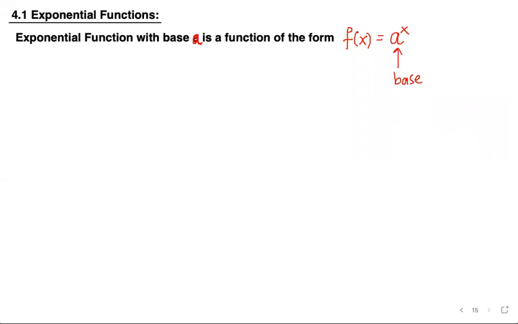This a here must be positive, a greater than 0, and also a not equal to 1. Why a not equal to 1?